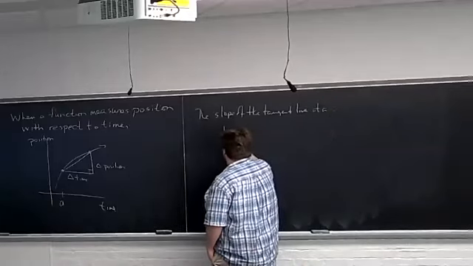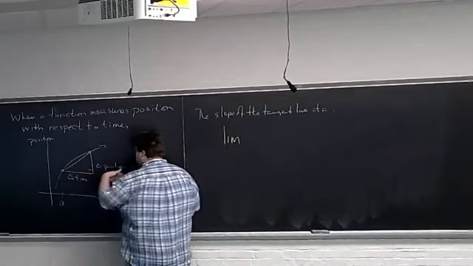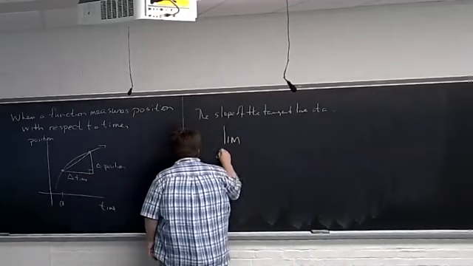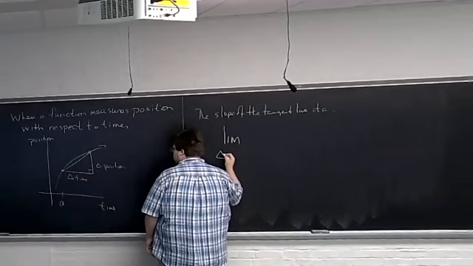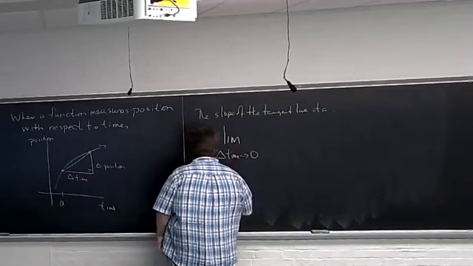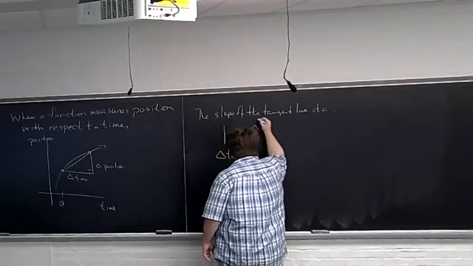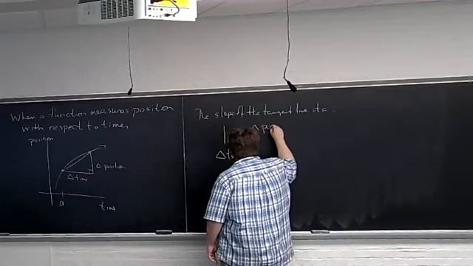Well, it's the limit as our horizontal value goes to 0 via delta of time. So limit as the x value goes to 0 of the slope of the secant line.